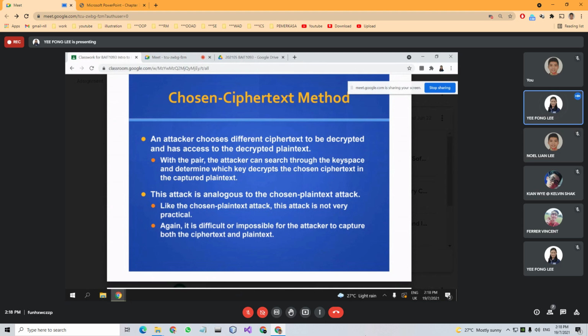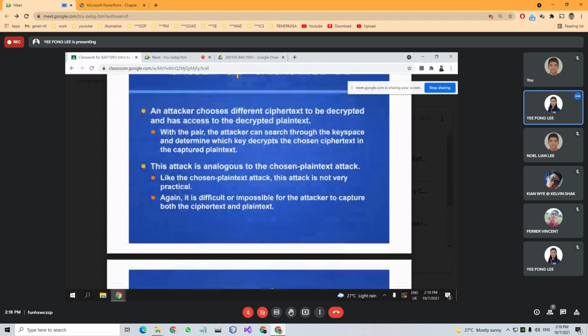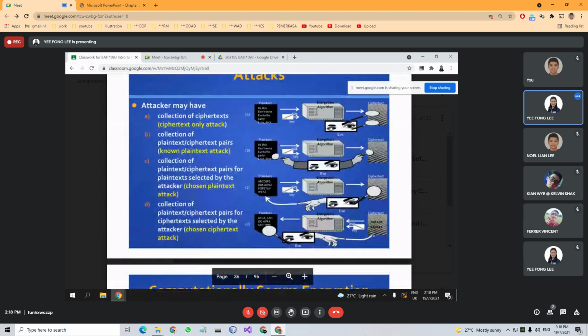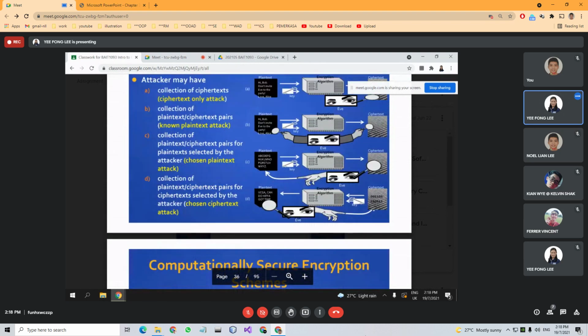But it is quite impractical, because they would have the ciphertext and the plaintext both together, yet it is difficult for the attacker to capture both. It is hard to get the two. So not so practical here. This diagram shows the different attacks. This one, I leave it to you.